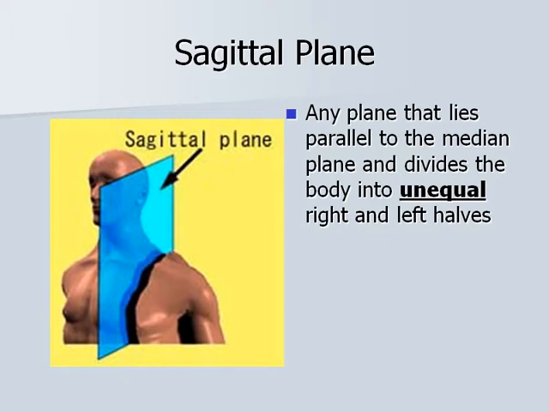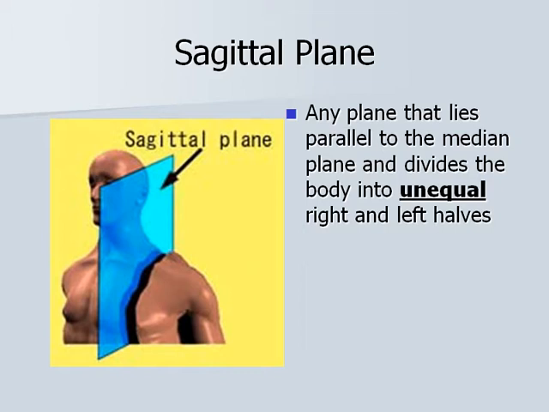Sagittal plane is any plane that divides the body into unequal right and left halves. So we're still halves, or we're still right and left. Okay? If there's one median plane, how many places on your body can I divide you where you're unequal right and left? Infinite. There are infinite sagittal planes.